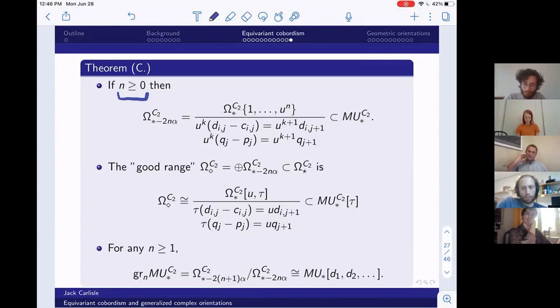If you're familiar, for instance, with some calculations in equivariant stable homotopy theory, such as the calculation of the RO C2 graded coefficients of an Eilenberg-MacLane spectrum like HZ, I encourage you to look at the diagram and notice how in the lower half plane, we have something that's essentially just a polynomial ring. And in the upper half plane, we have all sorts of bad things.